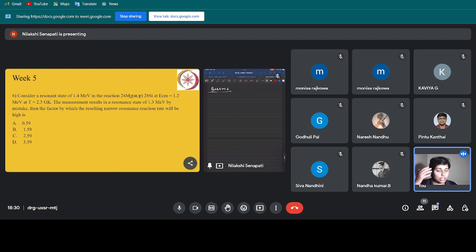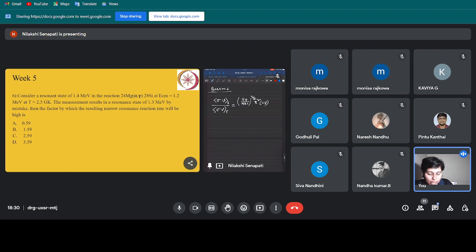By calculating the ratio directly we can understand that factor. So we just need to calculate the reaction rate ratio, and that is equal to the reaction rate. We know that it is equal to 2 pi by mu kT whole to the power 3 by 2.